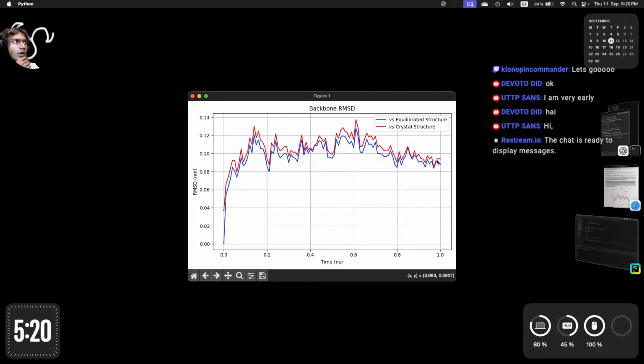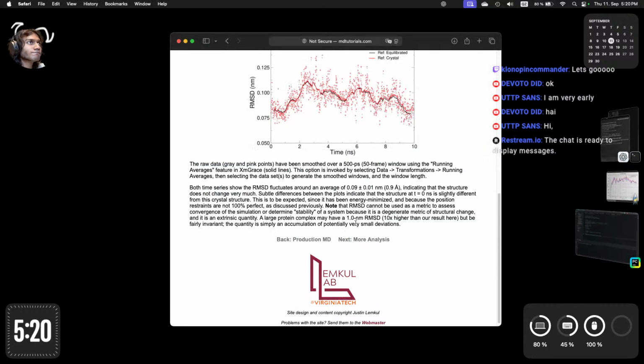I think it's stable around here. I don't know. The RMSD cannot be used as a metric to assess convergence of simulation or determine stability.